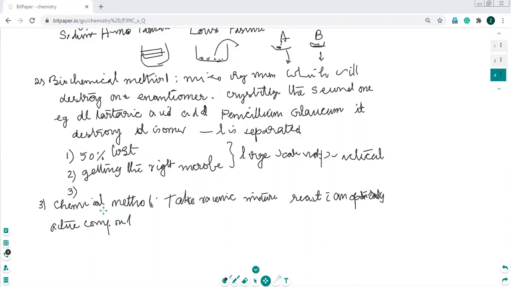But the most important method which is applied on a large scale for resolution is the chemical method. So what you do is you take a racemic mixture, react with an optically active compound, convert it into a diastereomeric mixture.